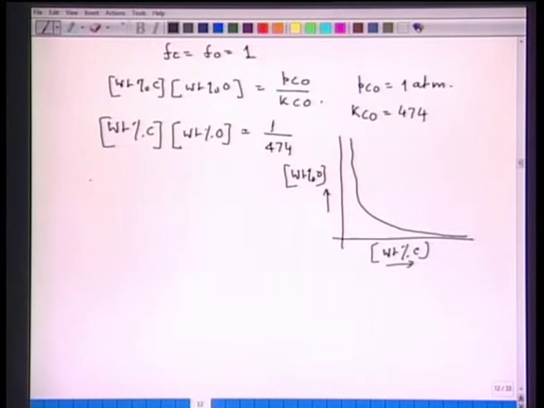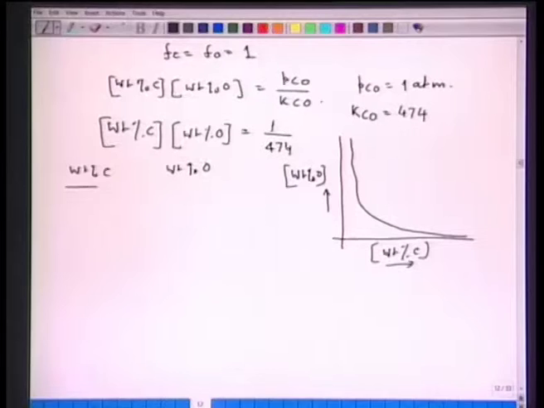Now, for example, I take weight percent carbon and here weight percent oxygen, and I calculate for different PCO values. I take PCO 1 atmosphere, 1.2 atmosphere and 1.5 atmosphere.